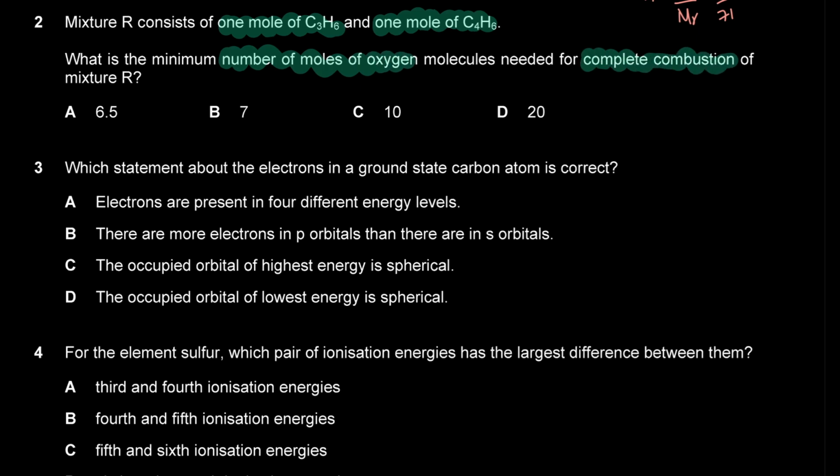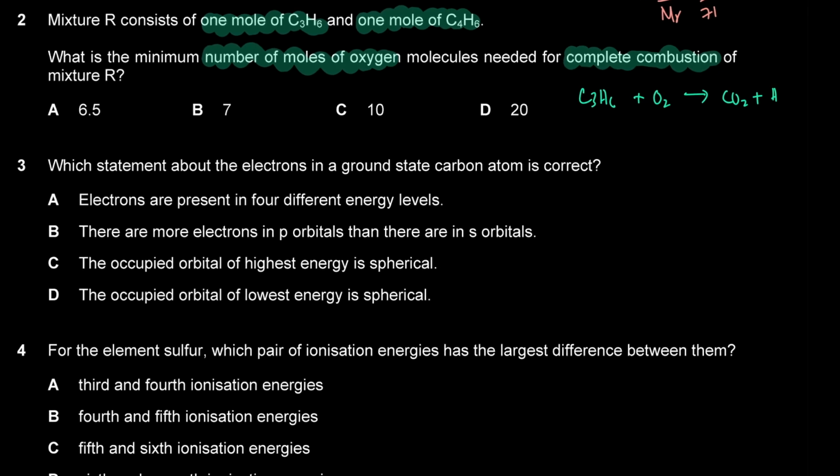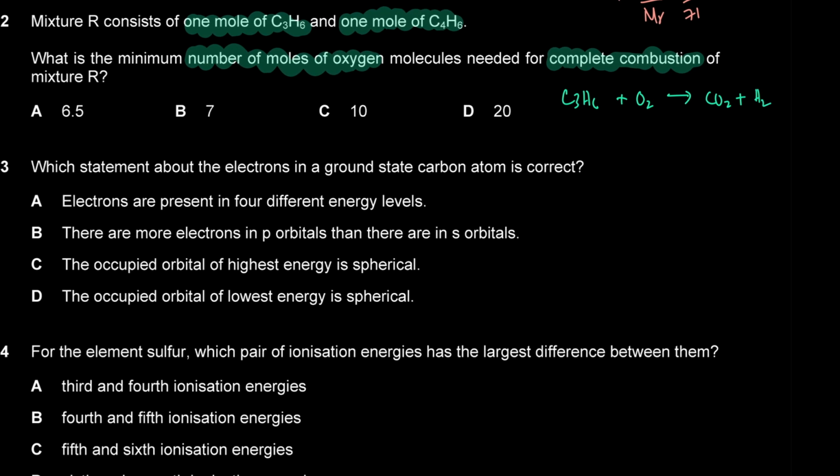So the first thing you would do here is you write down the equation for the complete combustion of C3H6 and C4H6. Okay? So C3H6, when it's completely combusted in oxygen, we get carbon dioxide and water, right? So CO2 and H2O.